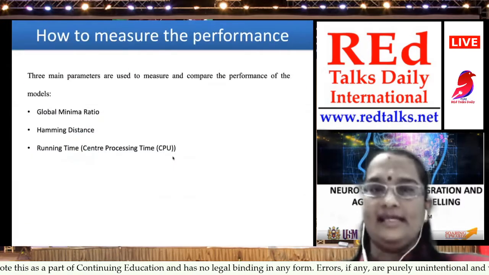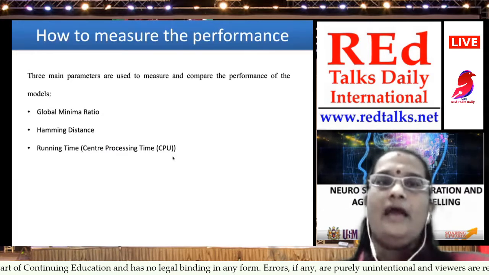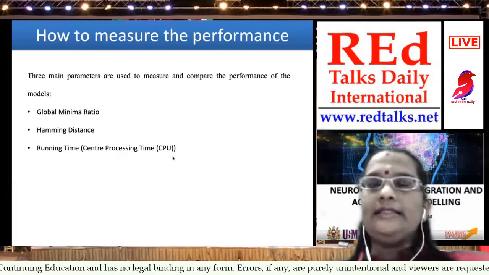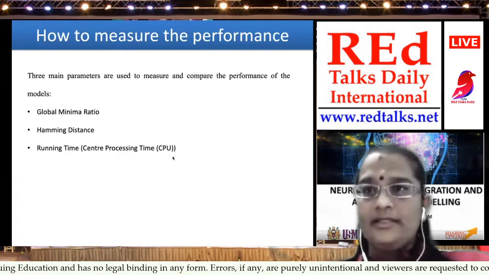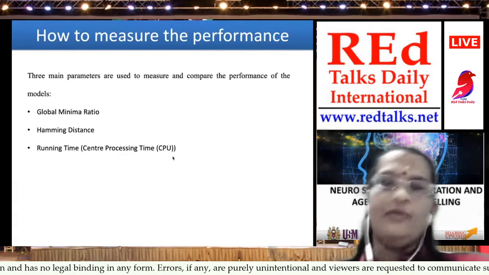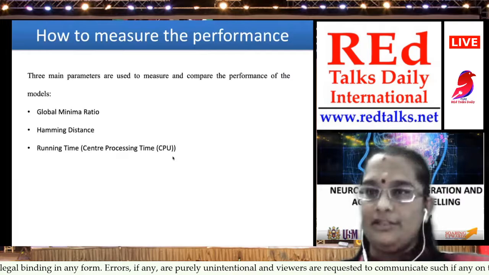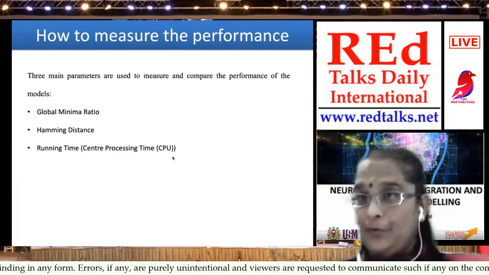Okay, this is another example of agent-based modeling. And as I mentioned, we want to compare the performance. Surely there are some parameters we want to use to compare the performance. In this presentation, I just discussed global minima ratio, Hamming distance, and CPU time.